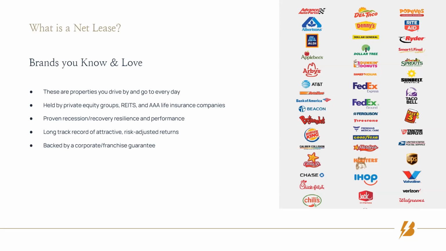As a matter of fact, many of the Dollar Trees and Dollar Generals out there thrived. In fact, they thrived during those trying times. It speaks to the long track record of that attractive risk-adjusted return, which is why the REITs and the insurance companies love these types of assets. But the second reason is, of course, all these assets are backed by that corporate or franchise guarantee, which is really one of the key aspects when it comes to these types of properties.